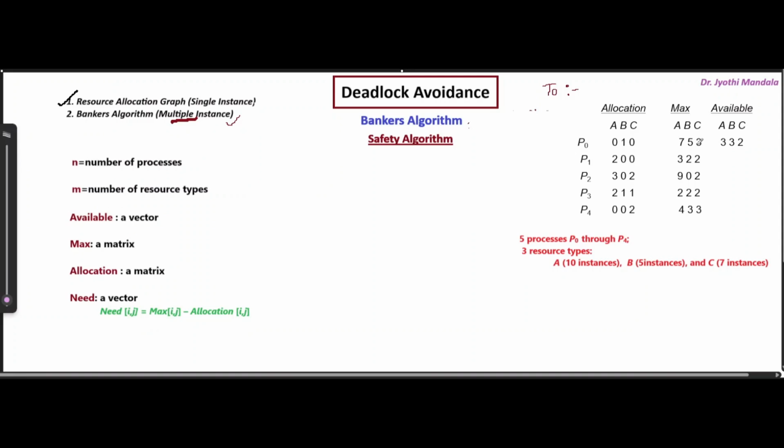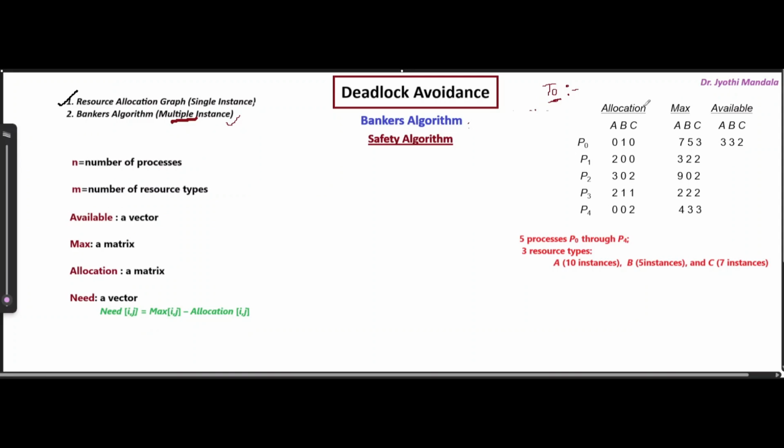And it requires 3 of C, but it has been allotted 0 resources of C at time T naught. Similarly, P1 requires 3 of A, but only 2 have been allocated, and 0 and 0 have been allocated for B and C. For P2, P3, P4 also, it means the same.